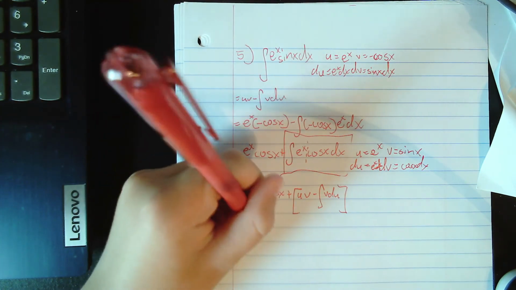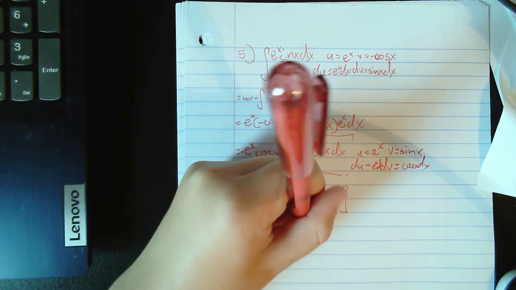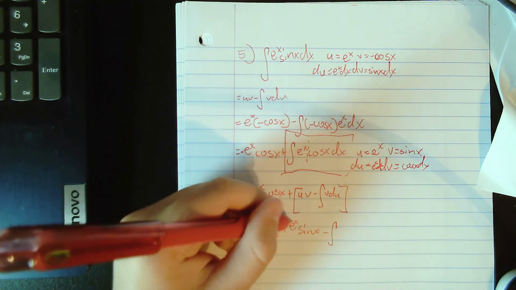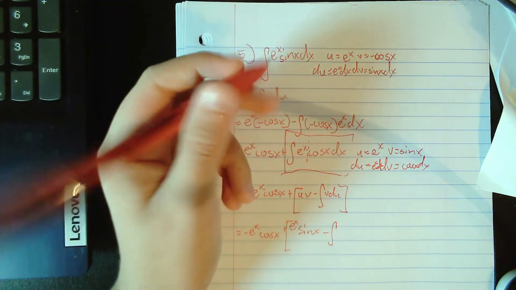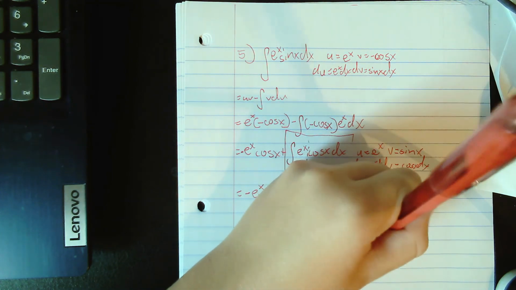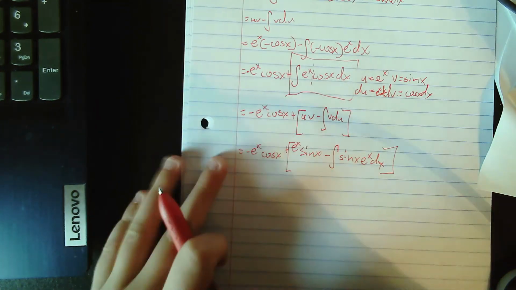So minus e to the x cosine of x plus, in brackets, e to the x sine of x minus the integral of sine of x, e to the x dx, and bracket. Okay? We're almost done here.